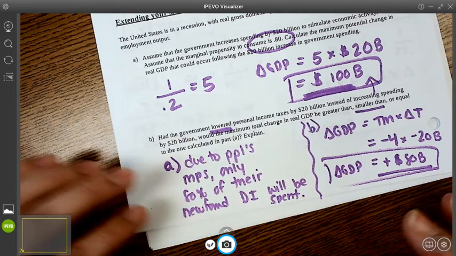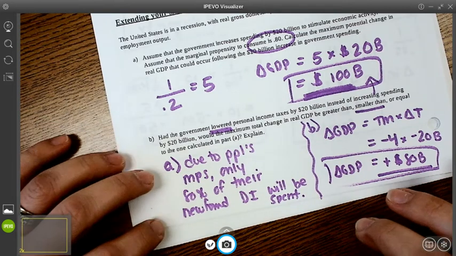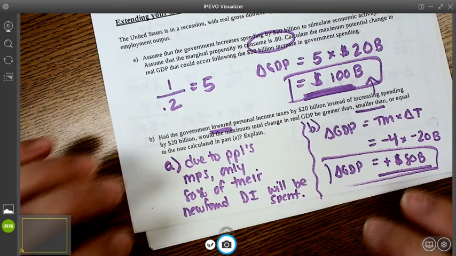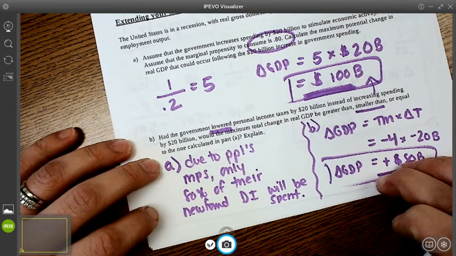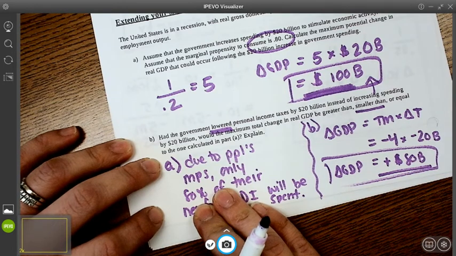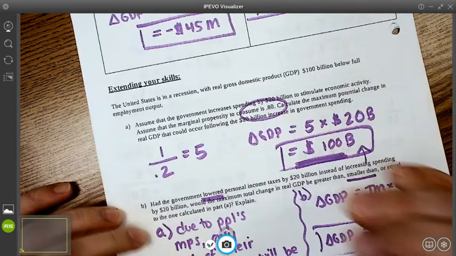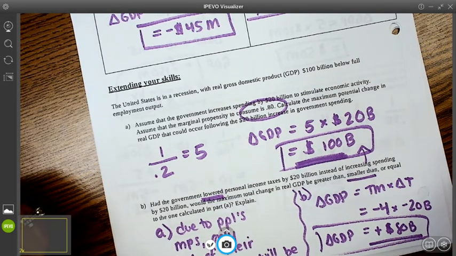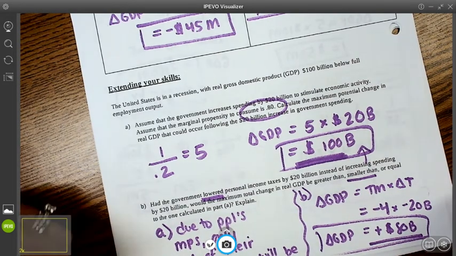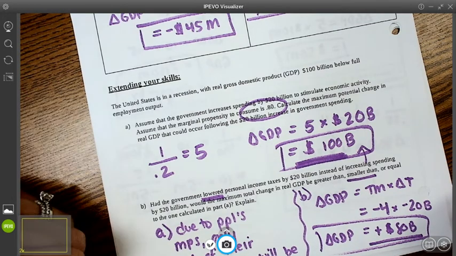You get a 5 by explaining that a tax cut would only yield $80 billion worth of growth because people will save part of their income. According to the data in this question, they're going to save 20% of their income. And therefore, a tax cut is only going to have 80% of the impact that government spending alone would have.